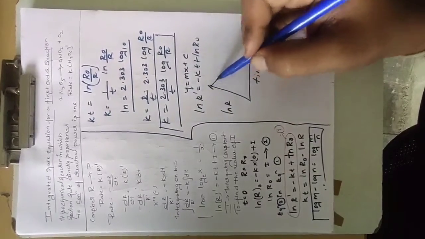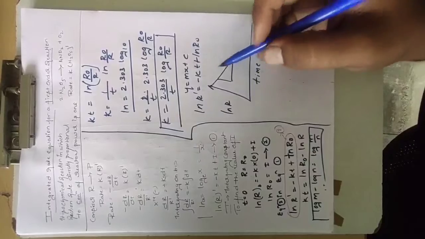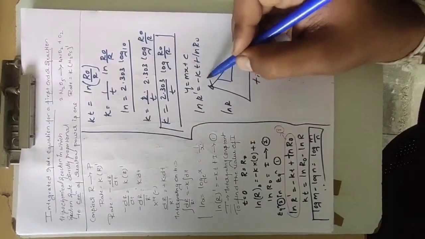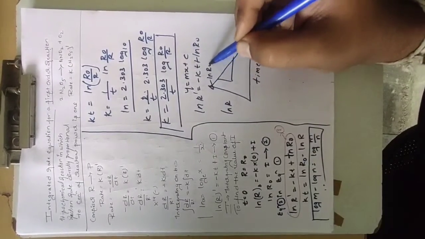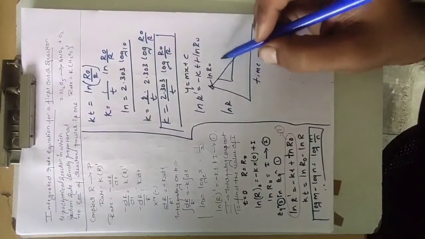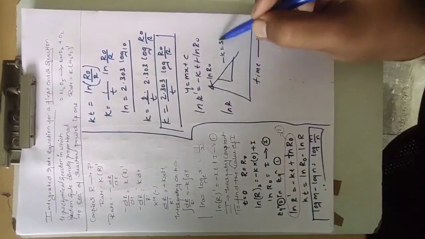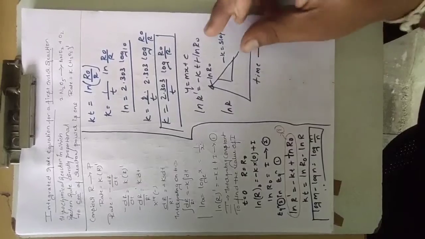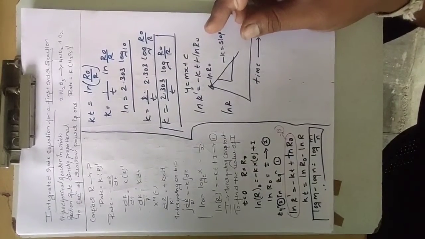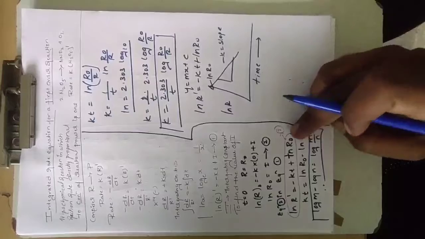A straight line forms, and the intercept is ln r naught. The overall slope gives -k equals slope. This is the expression we got from equation number 3.